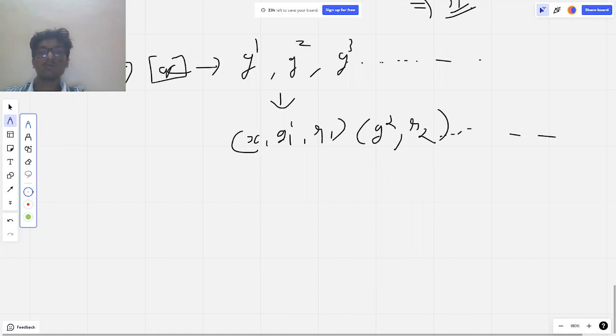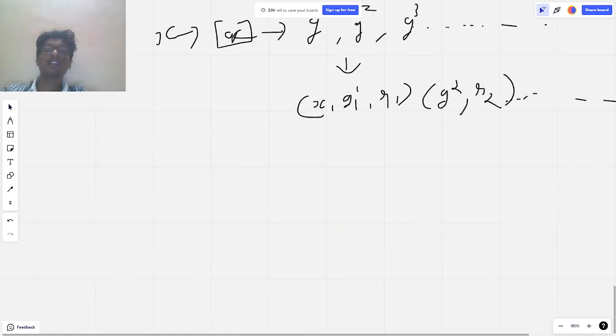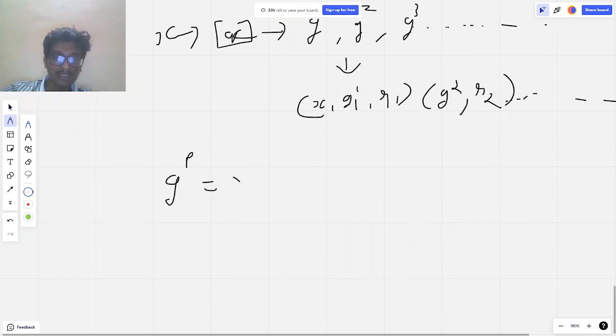With just this remainder, we can't do anything. So what can we do? We need another technique to make use of this remainder. This technique comes from a simple concept. As we said, we need to find g power p such that it is a multiple of n plus 1.